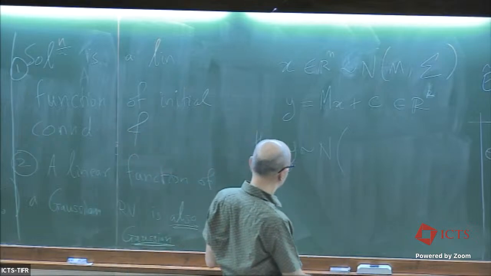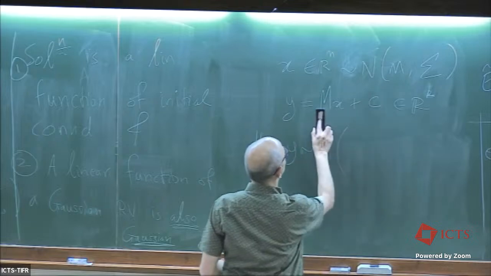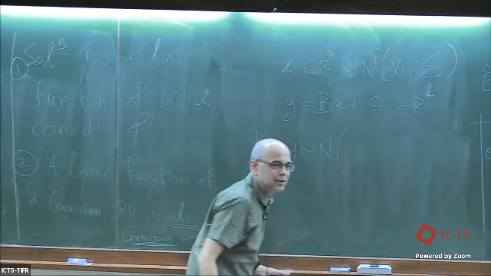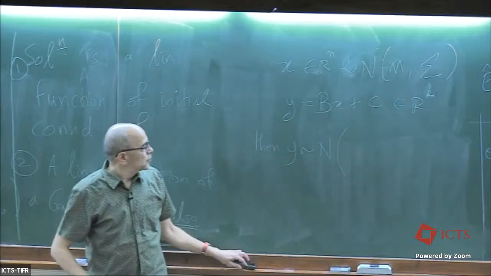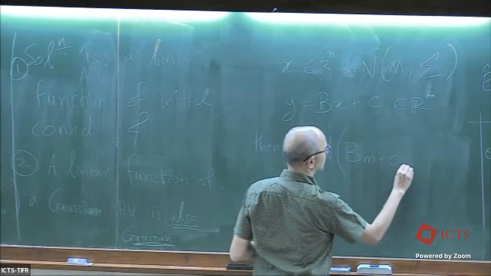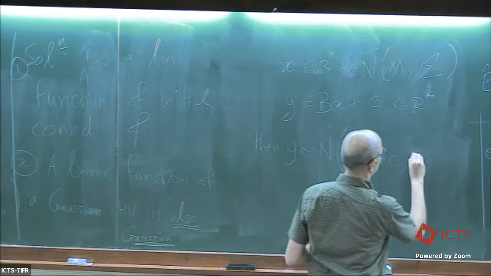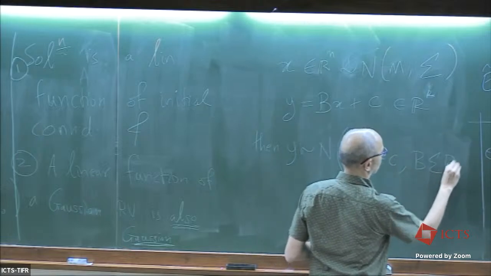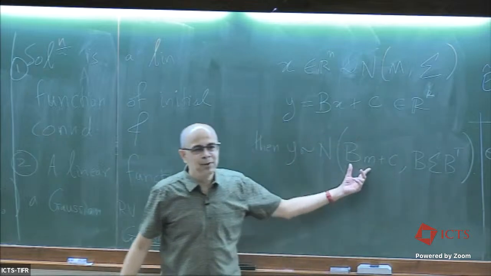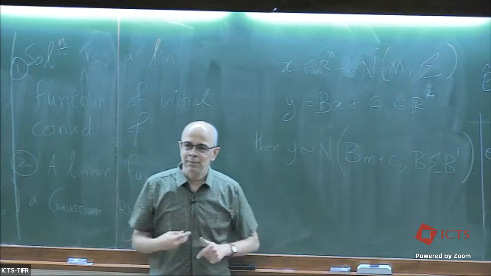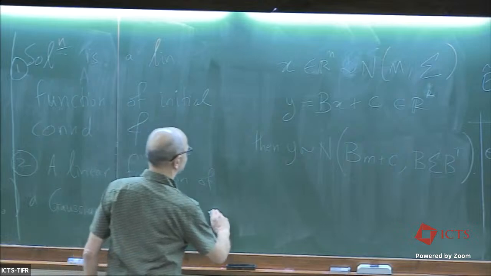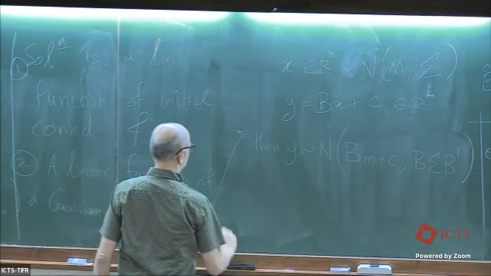Oh, sorry, there are too many m's. That's a mean, so let me make this a different matrix, B. It is Bm plus C, comma, so that's a covariance matrix and that's a mean of that random variable y. And this is the mathematically precise version of this statement here.